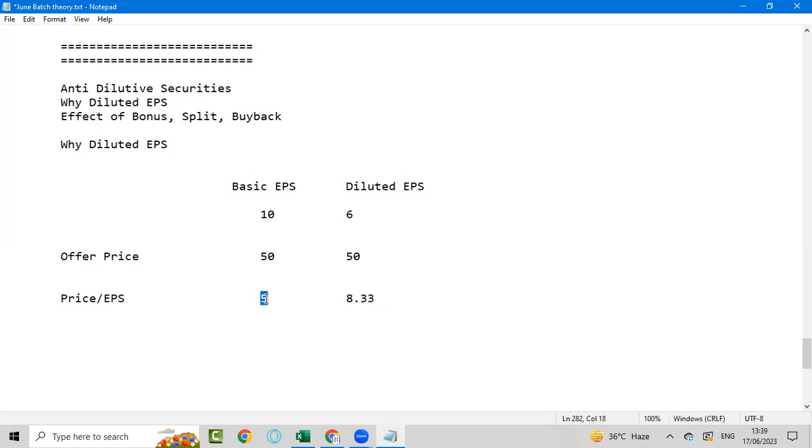Earlier, the deal was very lucrative. It was cheaper for me. But after the actual impact, the deal is very costly. So I will take my decision based on this, not based on that. So I will consider this, not that.